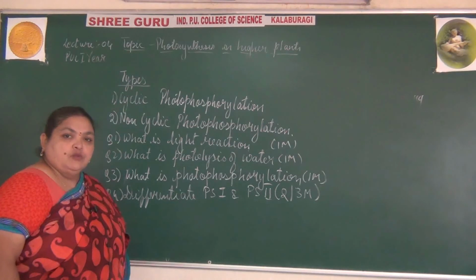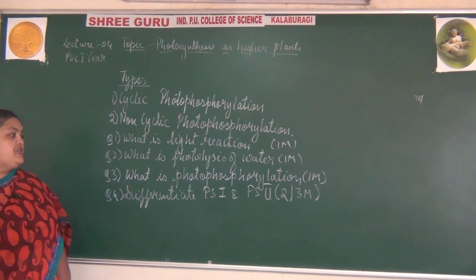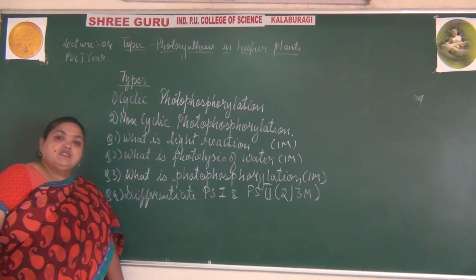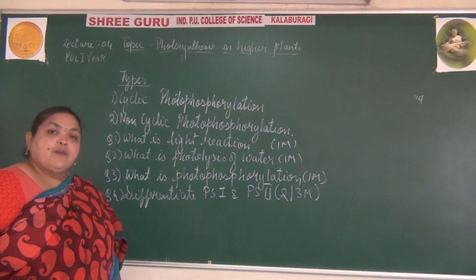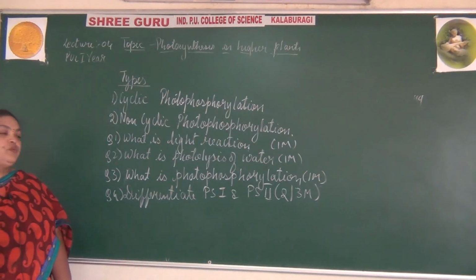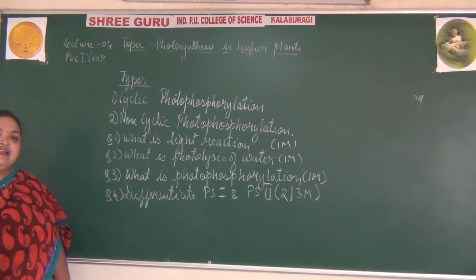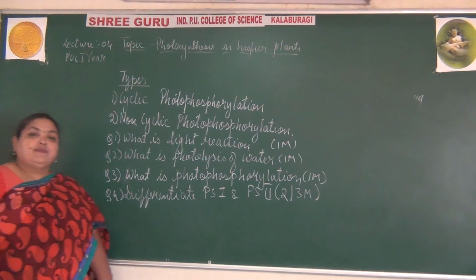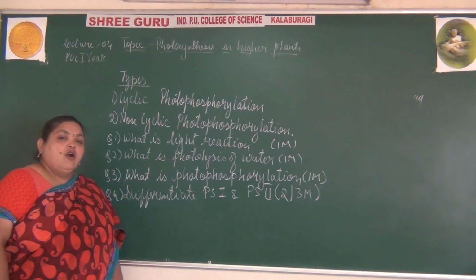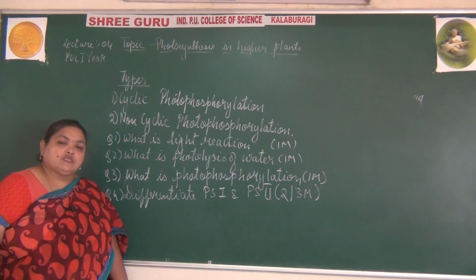Splitting of water molecules into protons, electrons and molecular oxygen is known as photolysis of water. What is photophosphorylation? Synthesis of ATP molecules in the presence of light, where adenosine diphosphate combines with inorganic phosphate to form adenosine triphosphate. This process occurs in the presence of light, so it is known as photophosphorylation. Already we have gone with the differences between photosystem 1 and photosystem 2.